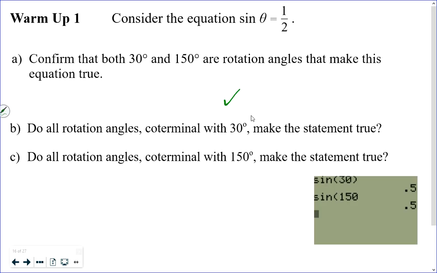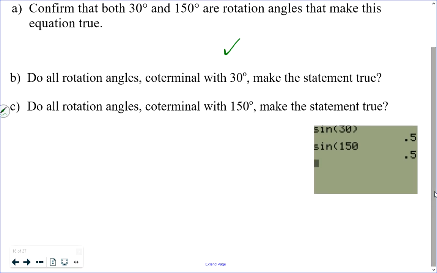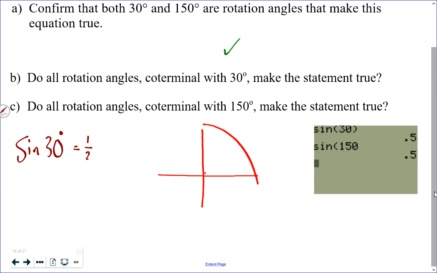Do all rotation angles coterminal with 30 make it true? Well, ultimately, the reason why sine of 30 degrees is equal to 1/2 is because on the unit circle at 30 degrees, the y coordinate is 1/2, right?